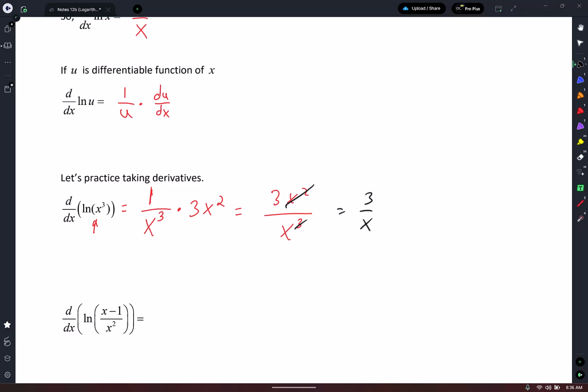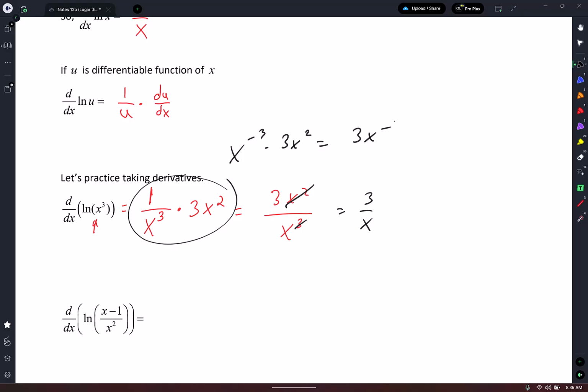If you wanted to, you could use x to the negative 3 times 3x squared, and you'll still get the same answer, 3x to the negative 1, when you multiply exponents. But why is it 3x squared?